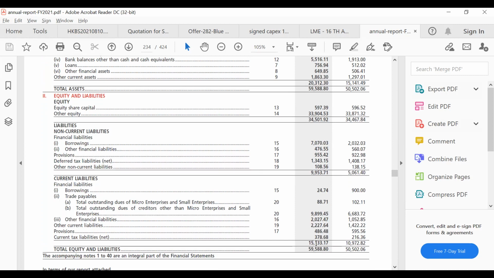The third one we require is total liabilities, which is the denominator in ratio D. The total liabilities are non-current liabilities plus current liabilities, so you have to add 9953.71 plus 15,133.17. The value will be in rupees crores. So three data we have got from the balance sheet.